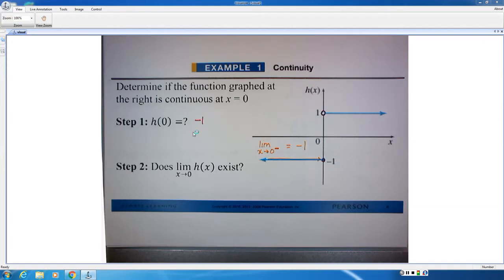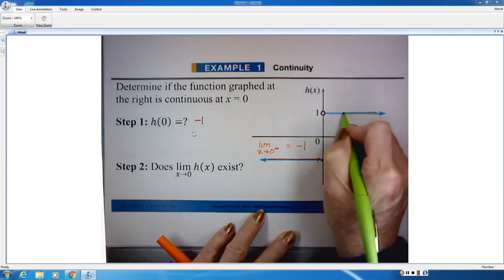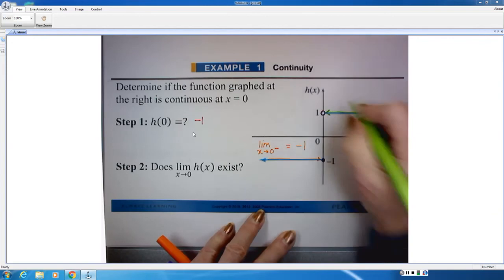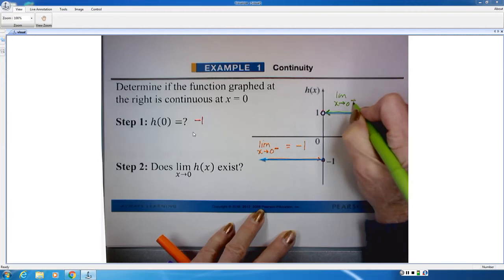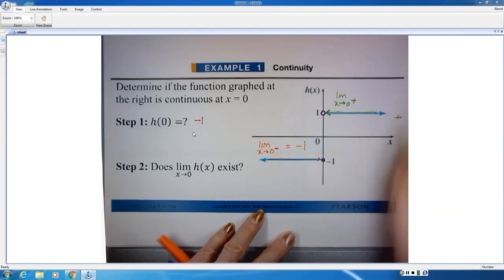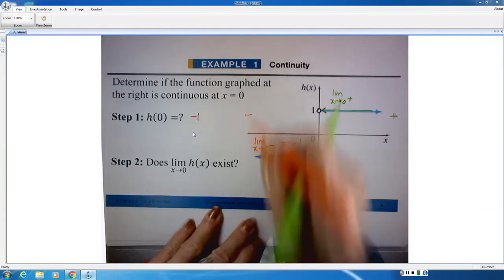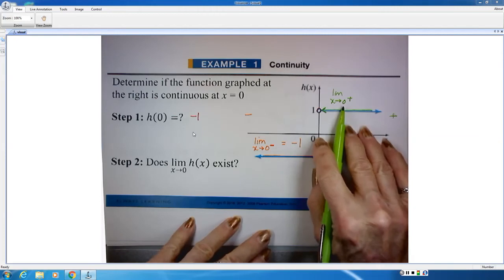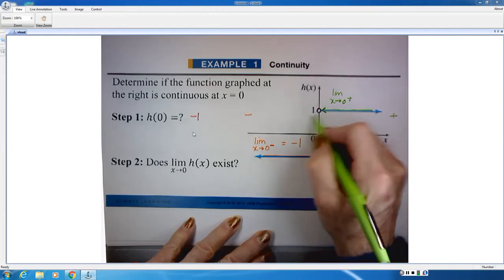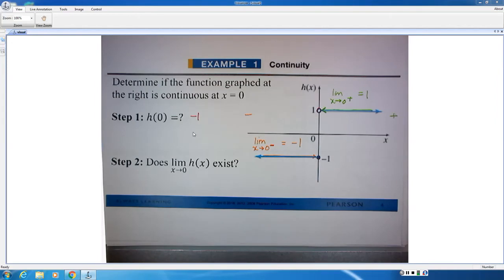So then I have to approach from the right and make sure this all works. So I'm going to come at 0 from the right-hand side. And when I take the limit as x approaches 0 from the positive side of things, because this is positive, and the other end is the negatives, as I approach 0 from the positive side, it's approaching the value 1. Okay?